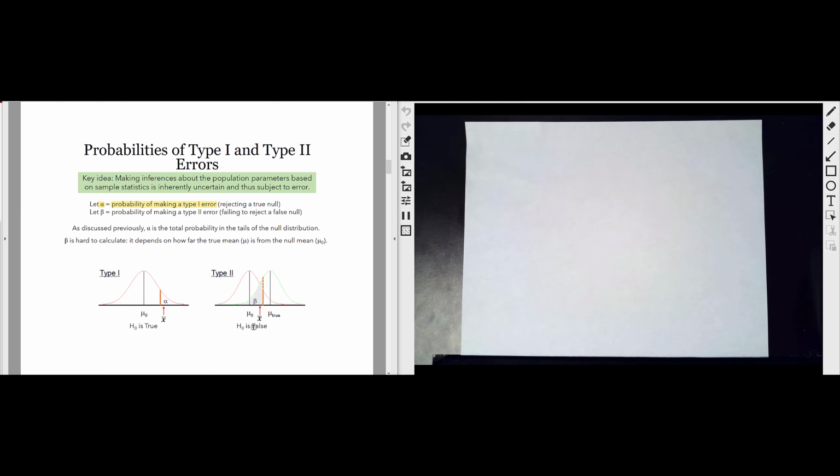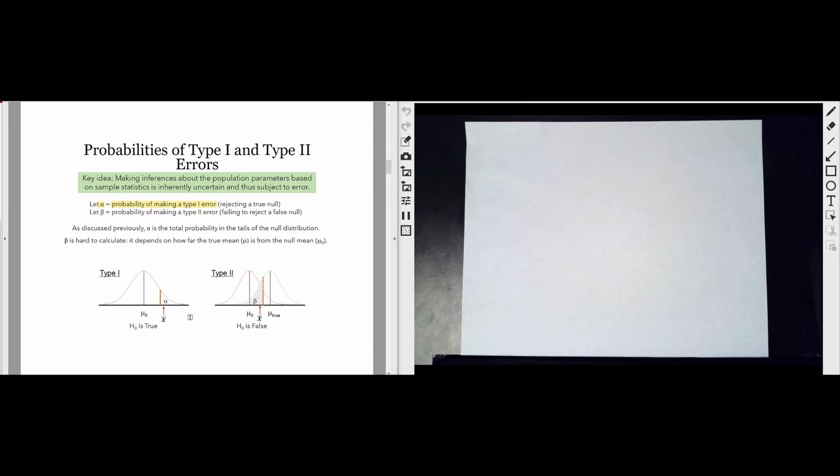Now, what about beta versus alpha? Well, alpha, we know the meaning of alpha. Alpha is the probability that we will reject a true null hypothesis.